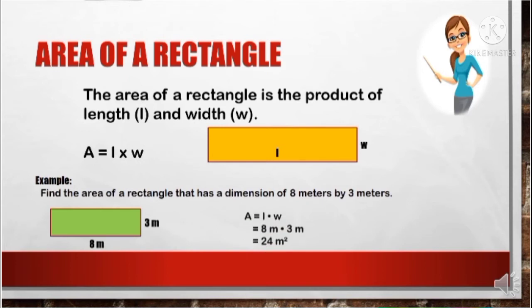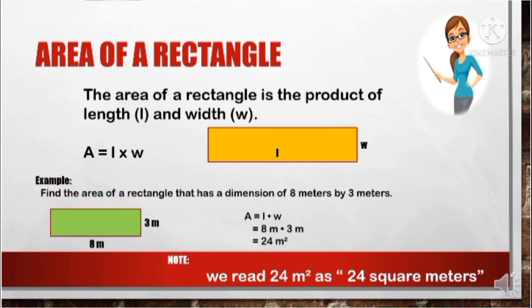To solve this, we have A equals L times W. L is 8 meters and W is 3 meters. If we multiply, 8 times 3 equals 24 m squared. Note that we read 24 m squared as 24 square meters.